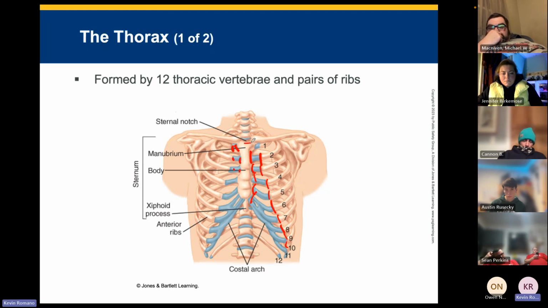This is our sternum located here. That little bony structure down here is the xiphoid process. If you've been around EMS for a while, that used to be a landmark for CPR back in the day. Now they just go lower half of the breastbone. These are all your costal arches located here.